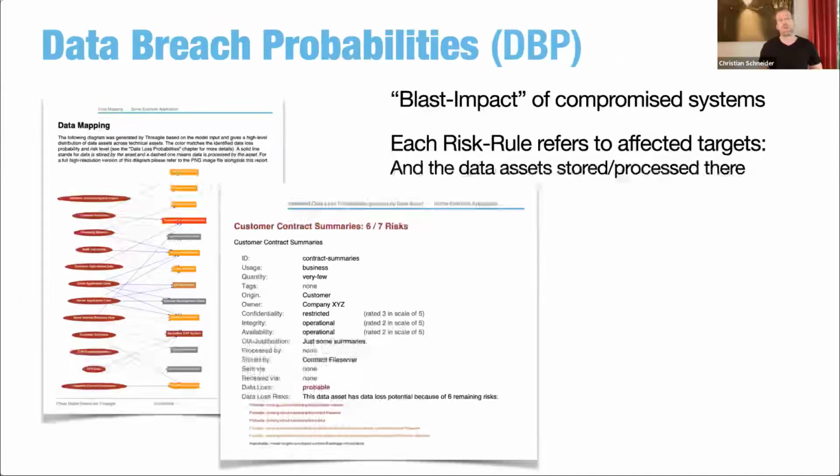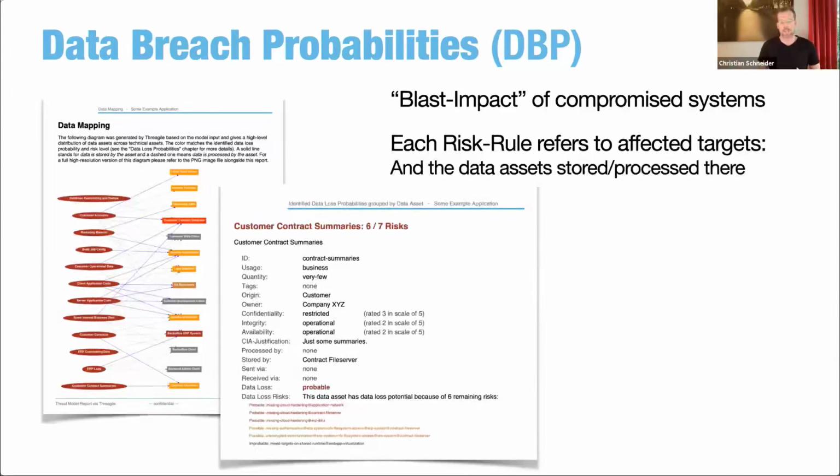And also some other values are calculated that basically resemble the blast impact of a risk if it actually manifests. So the data view here in the report lists the data assets that you have modeled, and they are all having some data loss probability or data breach probability assigned.